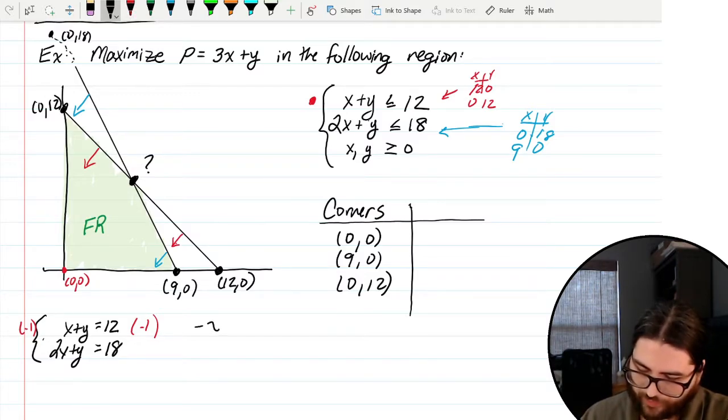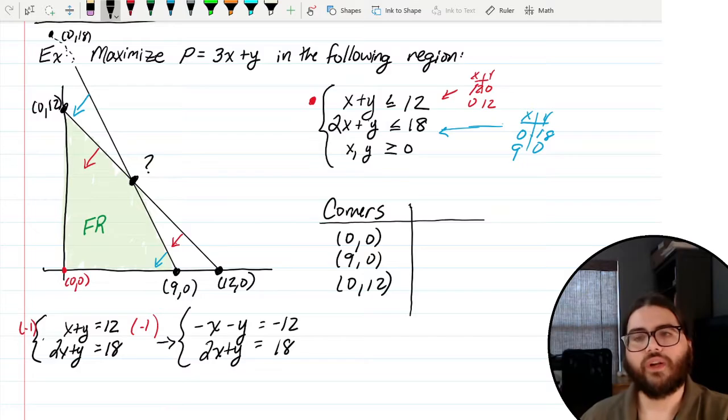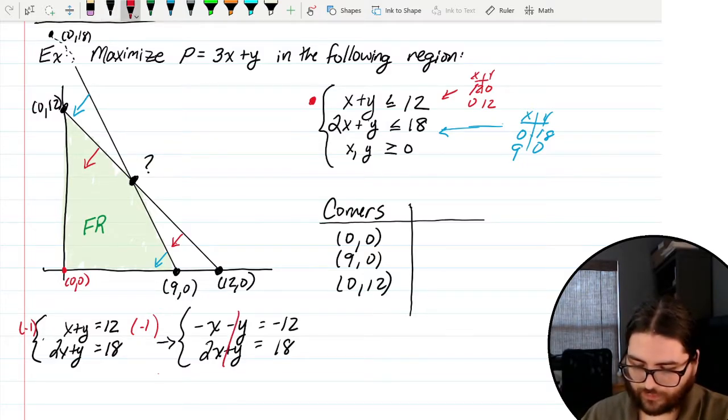So let me multiply everything in the first equation times -1, which would give me negative x minus y equals -12. 2x plus y equals 18. When I do that, the y values would cancel out.